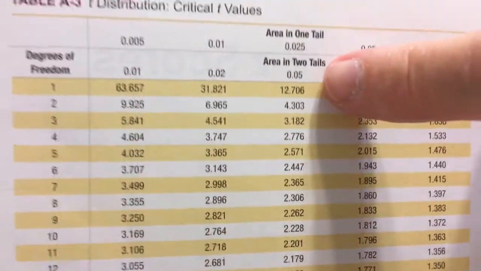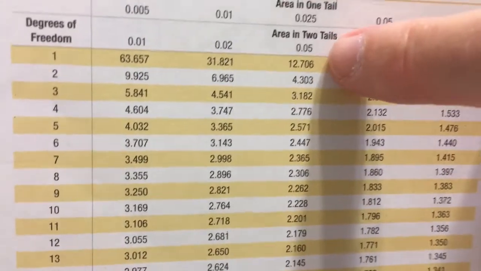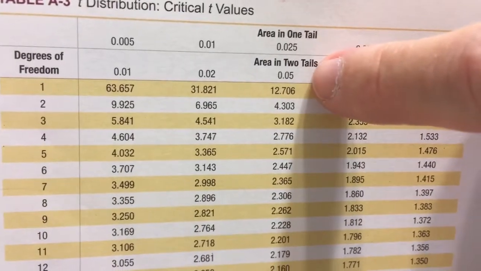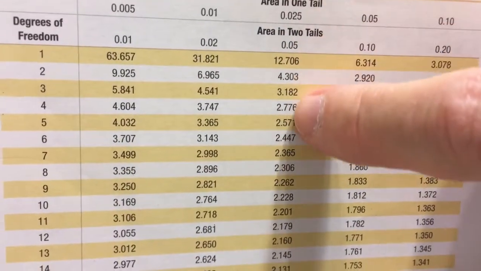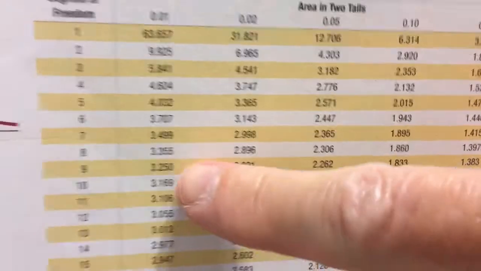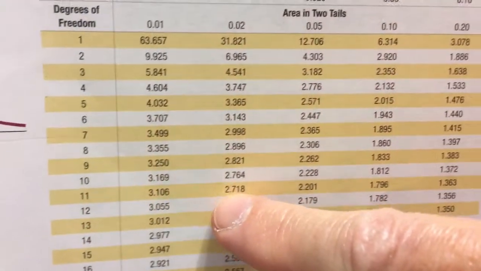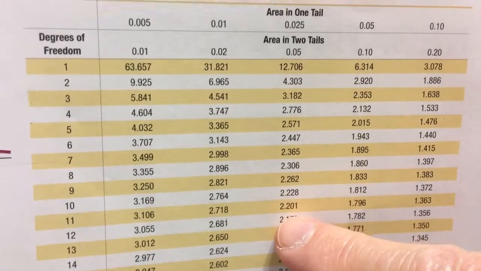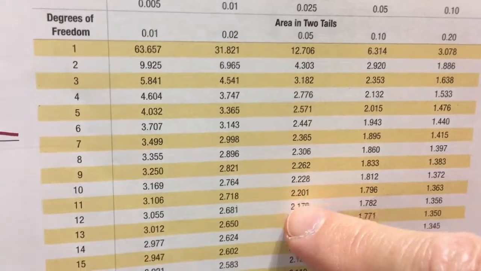All right, so here is our t-chart. We're looking at 0.05 area in two tails. We're going to run down this one. Remember, our degree of freedom was 11, so we're going to run across and we're going to get 2.201 from the chart.